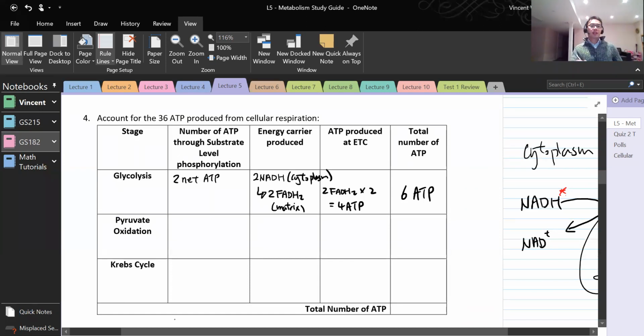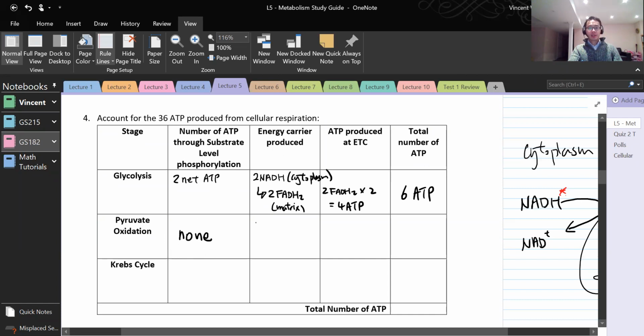What about pyruvate oxidation? How many ATPs are produced through substrate level phosphorylation? How many should I put here? That's right, none. No ATPs are produced this way.